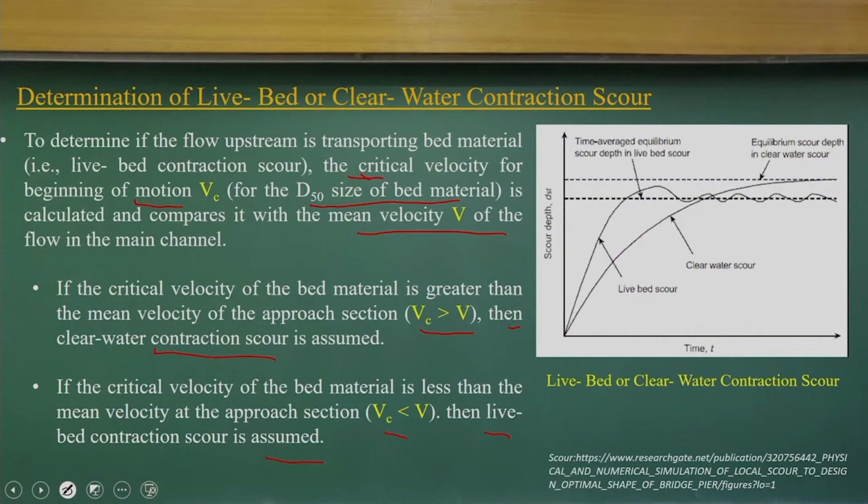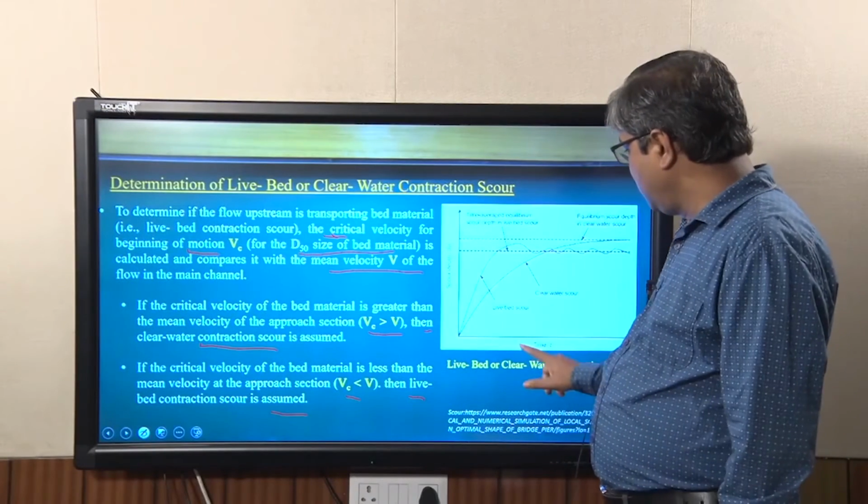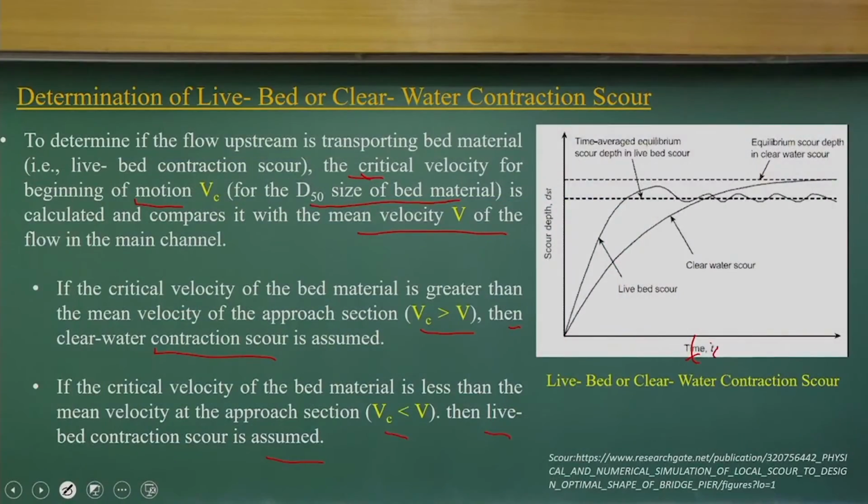But now look at how live bed and clear water contraction scour vary with time. If you plot time versus scour depth, with scour depth on the y-axis, clear water scour will follow this curve and then reach the equilibrium scour depth.